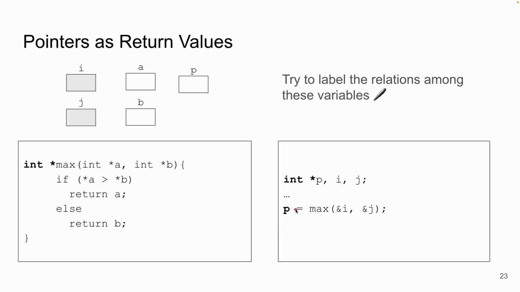I know it can be a bit complicated, but here I provide you some images, and I encourage you to try to label the relationships among all these variables. You can follow the code line by line in the max function and in the main function here.